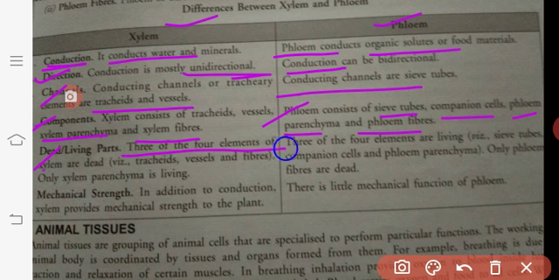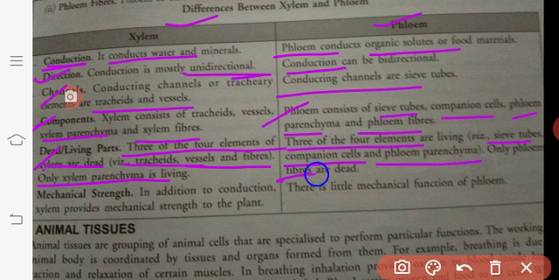Three of the 4 elements of xylem are dead: tracheids, vessels and fibers are dead. Only xylem parenchyma is living. But in phloem, 3 of the 4 elements are living: sieve tubes, companion cells and phloem parenchyma. Only phloem fibers are dead.